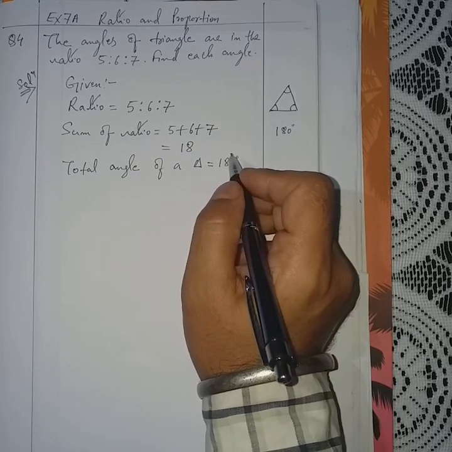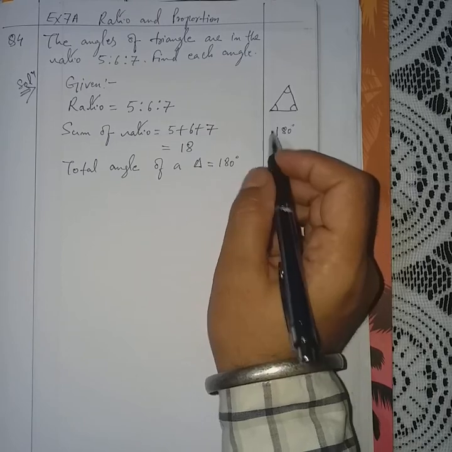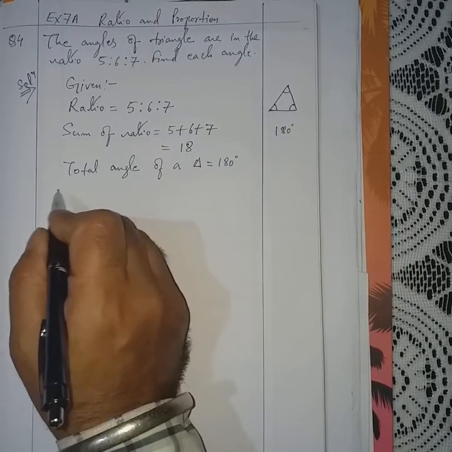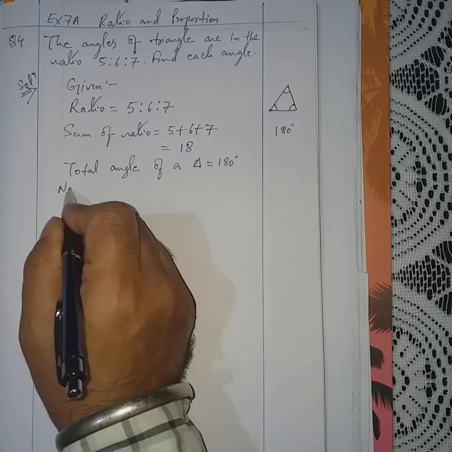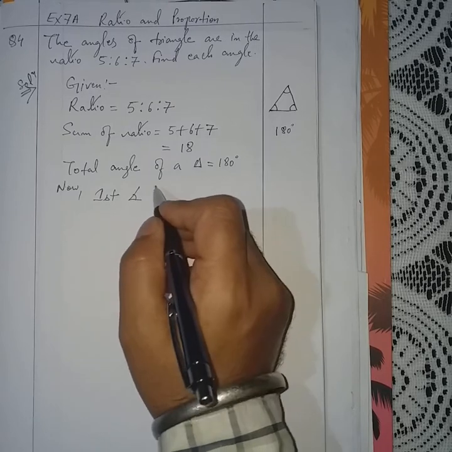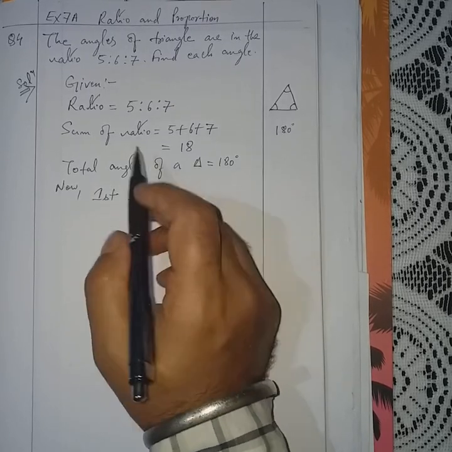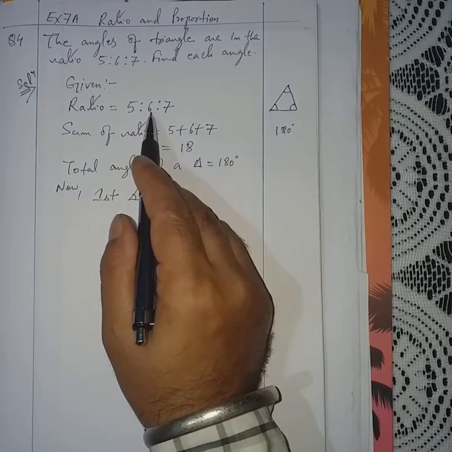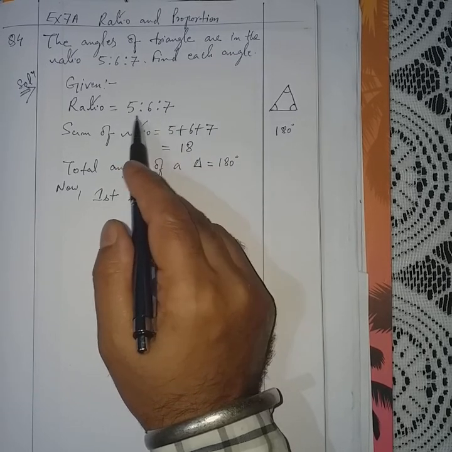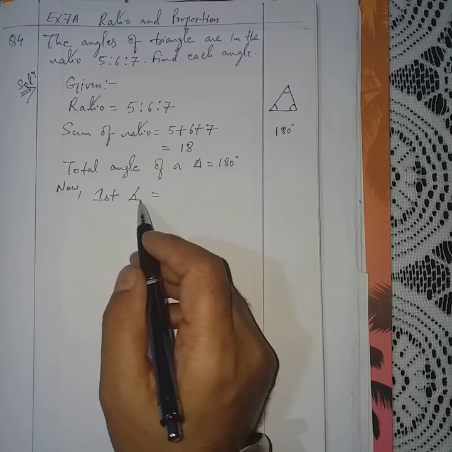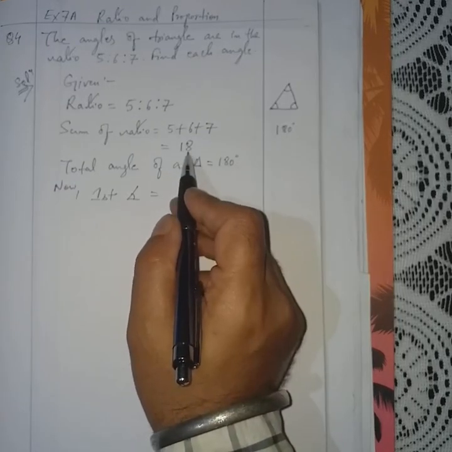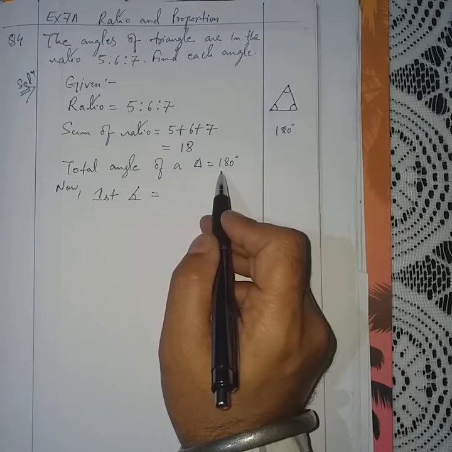Now we have to find the actual measure of each angle. For that, this is the first angle, second angle, third angle. So the first angle measure will be given by this divided by the sum of the ratio, into the total angle.